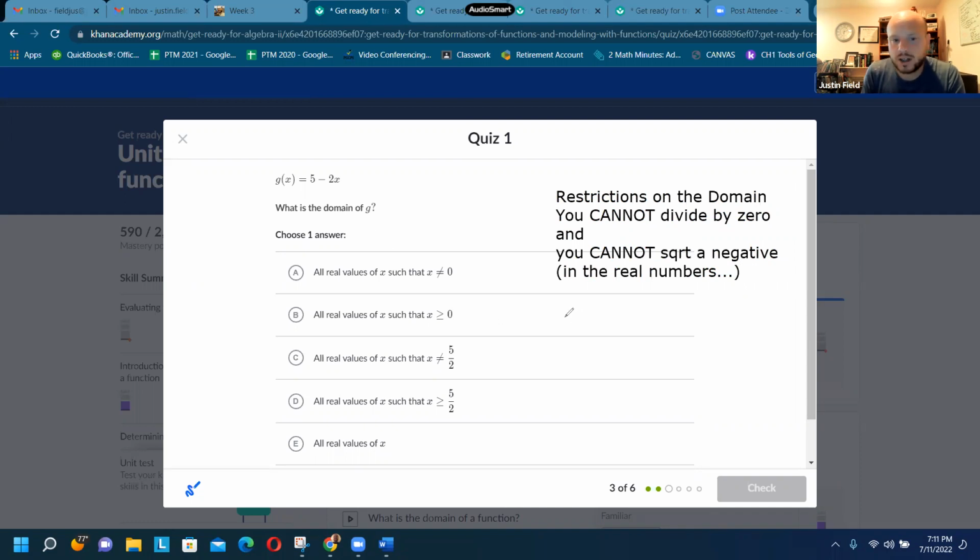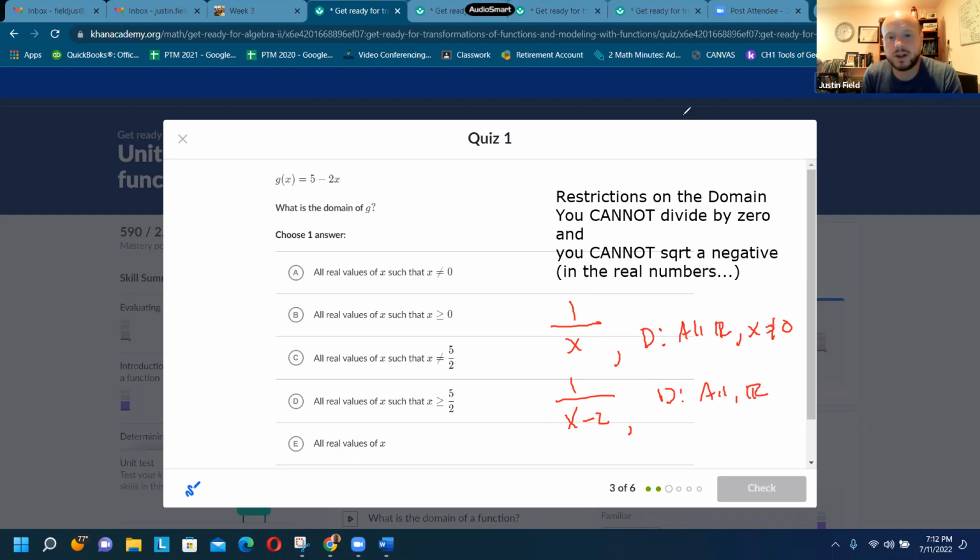Okay, so what does that look like? That looks like if there's a denominator like that, we can't have 0 in the denominator, so the domain would be all real numbers such that x is not equal to 0. Or maybe we have another one like this. So then the domain, if I put 0 here, I would end up with -2 on the bottom. 0 is actually fine.